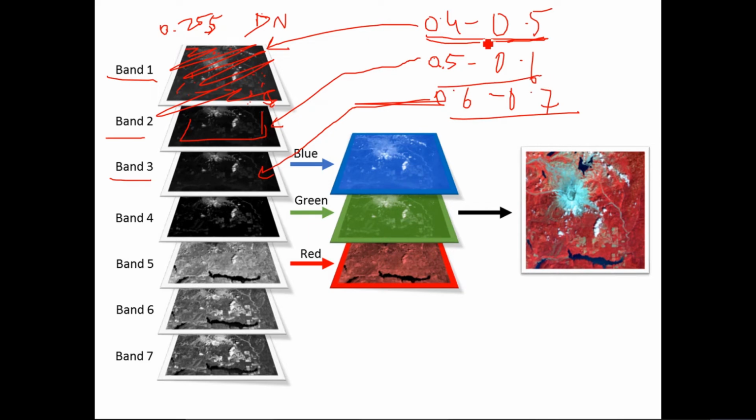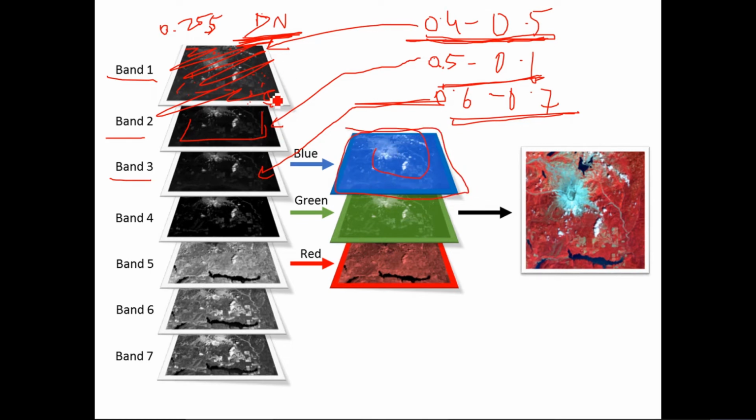Now if you look at these bands, this is the blue color range, this is the green color range, and this is the red color range. So for that range of DNs, 0 to 255, instead of brightness values, I am assigning a blue color filter to it.